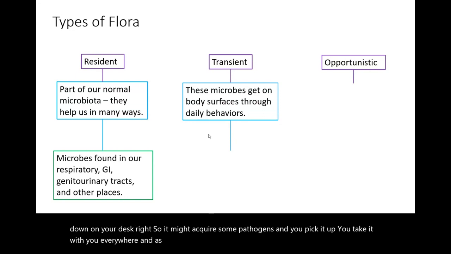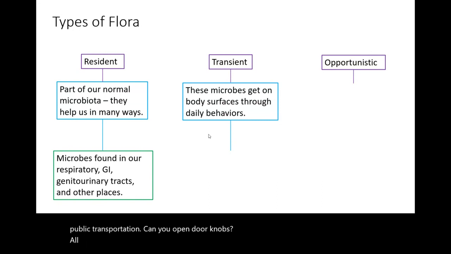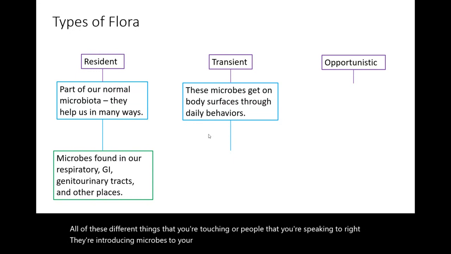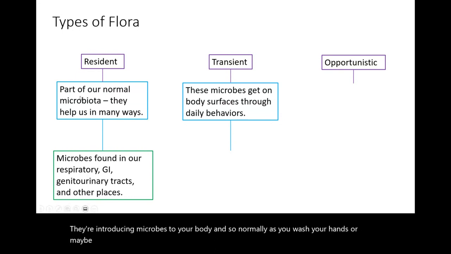As you touch your keyboard, your mouse, maybe you ride public transportation, you open doorknobs, all of these different things that you're touching or people that you're speaking to, right? They're introducing microbes to your body. And so normally as you wash your hands or maybe you shower, you are going to be removing those organisms. So they are only temporary.